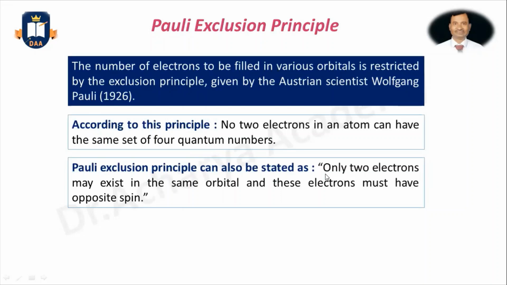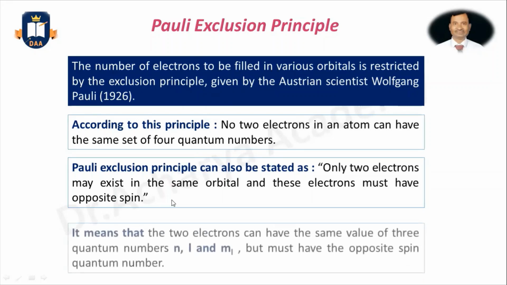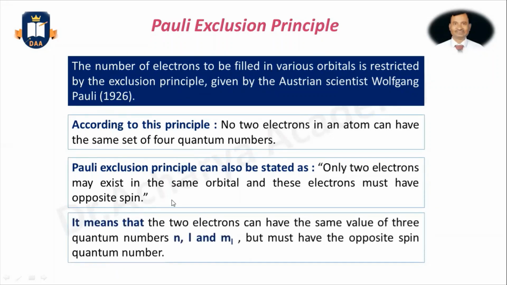That means only 2 electrons may exist in the same orbital, and these electrons must have opposite spins. What does it mean? We know that the 4 quantum numbers are the principal quantum number n, azimuthal quantum number l, magnetic quantum number ml, and in addition the spin quantum number.